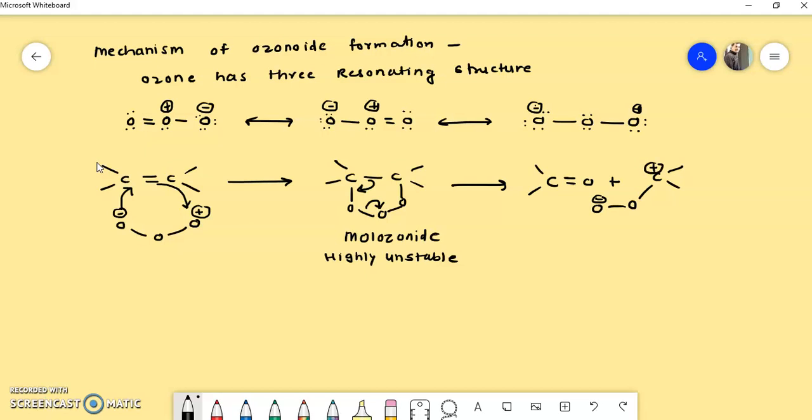Now these two species are in the vicinity of each other, so they get rearranged to form another cyclic structure. Now how they rearrange, that we have to see. This oxygen has a negative charge, so it will attack on this carbon. And this double bond shifts onto this oxygen, and finally it attacks on this carbon.